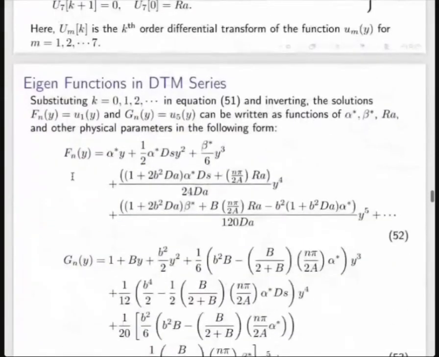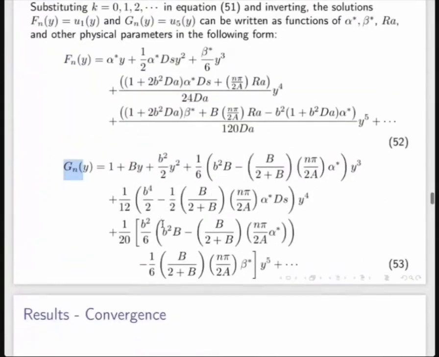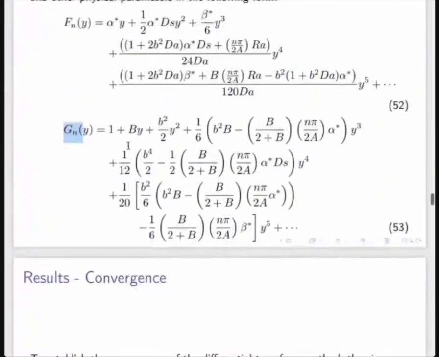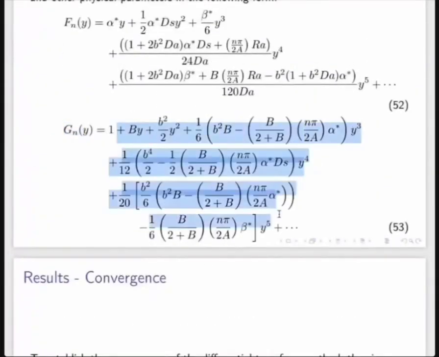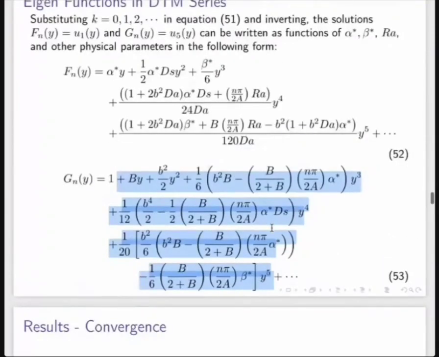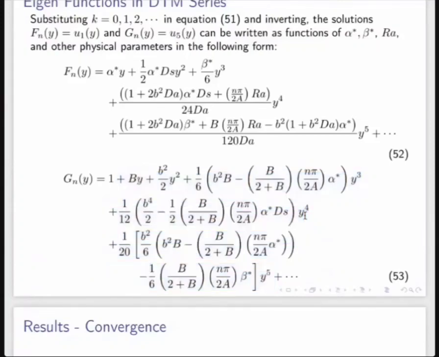Your eigenfunctions are obtained using equations 52 and 53. And remember, your solution is an infinite series in Y, and this infinite series is supposed to converge for a particular value of Y, which is called the radius of convergence.